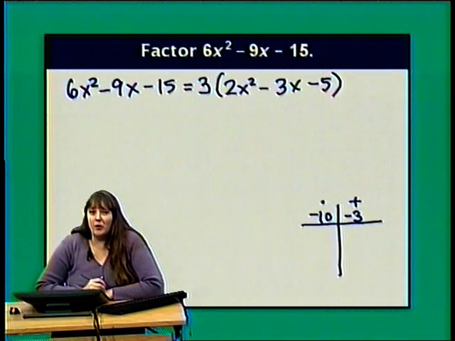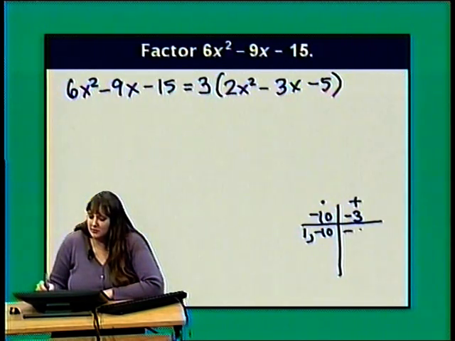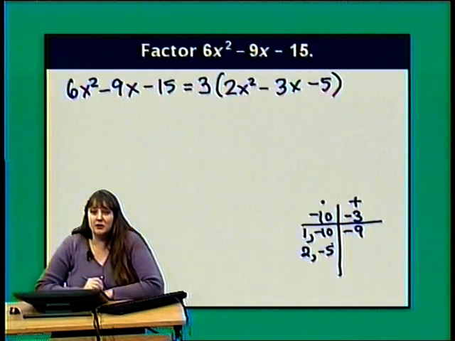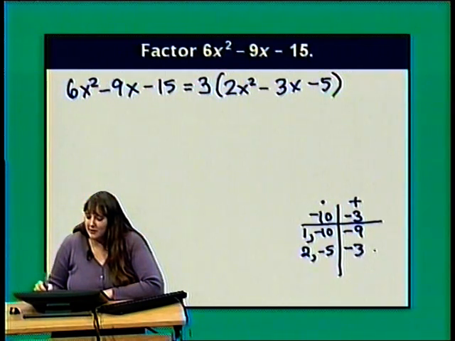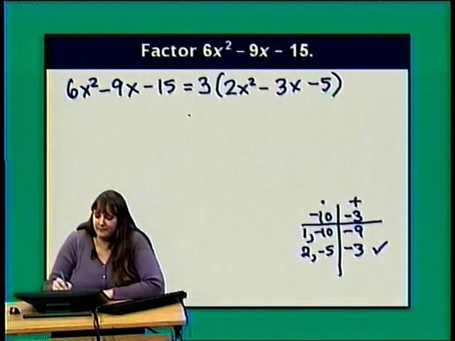So let's see, what are some numbers I can multiply together to get negative 10? 1 and negative 10 will give me a sum of negative 9. 2 and negative 5, well, that gives me a sum of negative 3. That's what I wanted. So I'm going to break up negative 3x as 2x minus 5x.